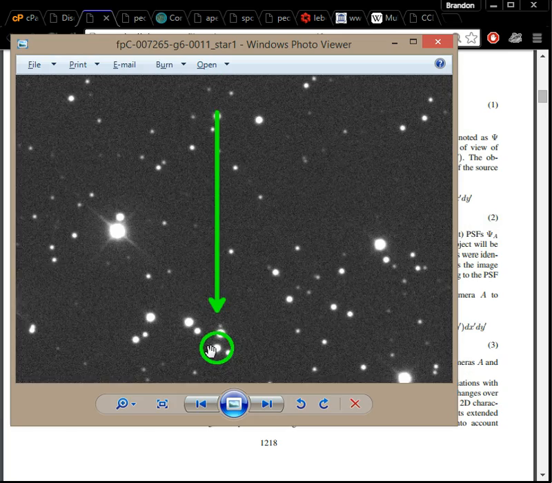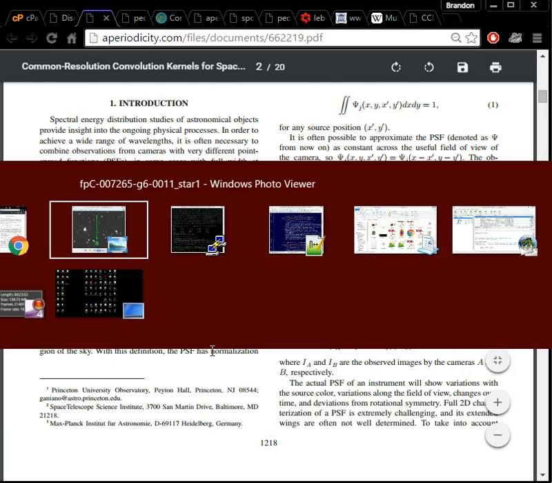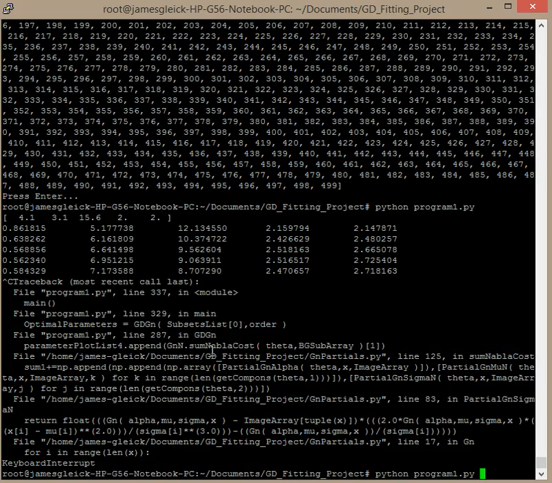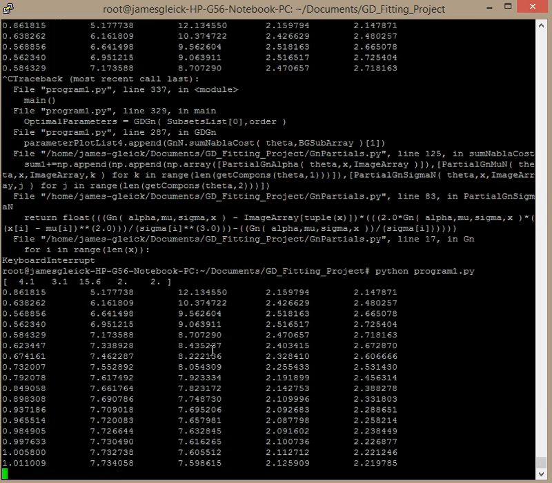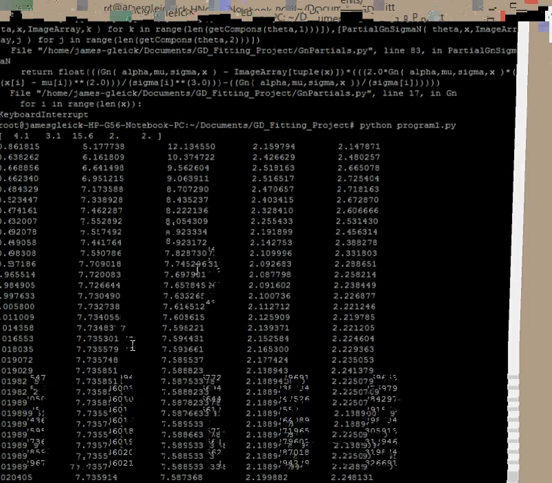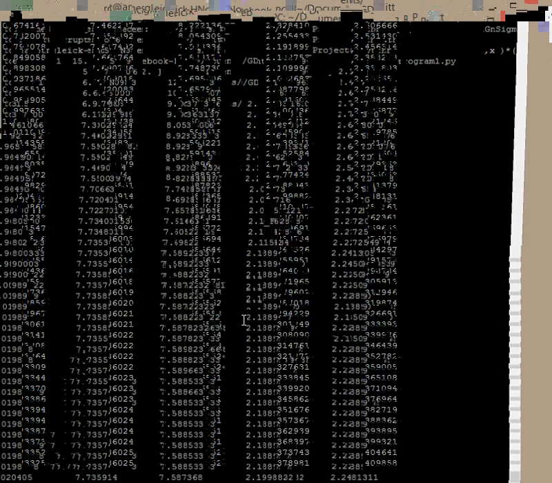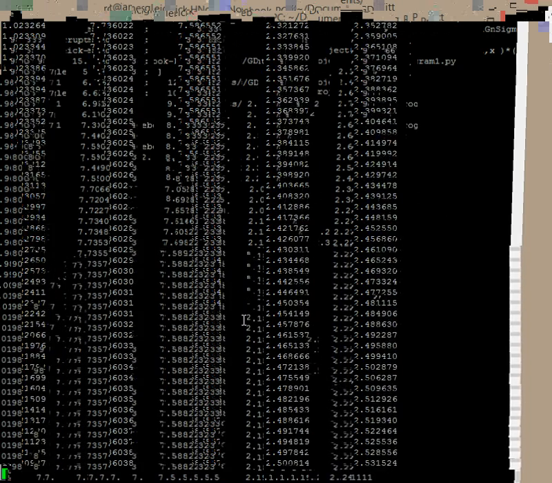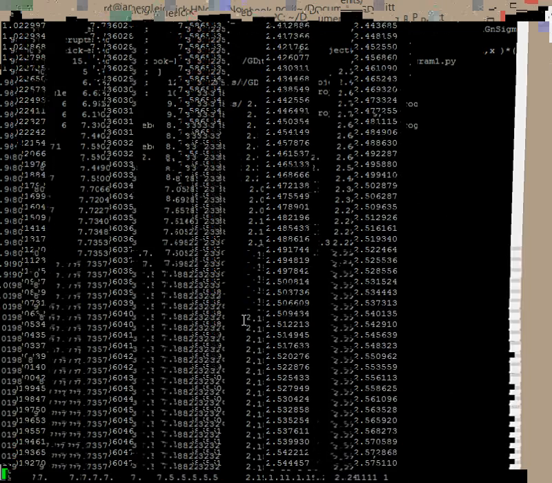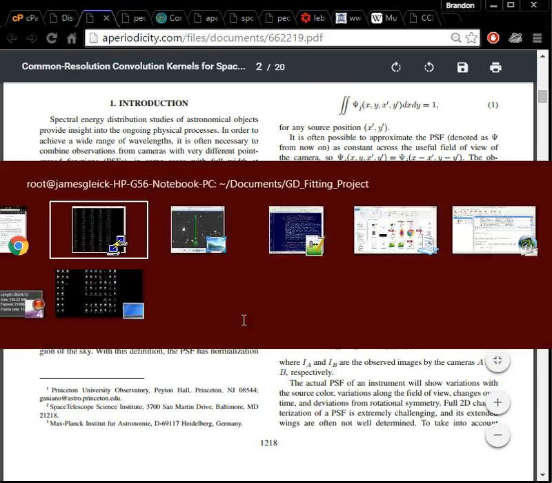For this star right here, we can fit an approximate Gaussian point spread function. By running the program, this is basically iteratively arriving at an approximate point spread function of a Gaussian shape. So it's like a bump function. It's fitting it to the star and normalizing it.